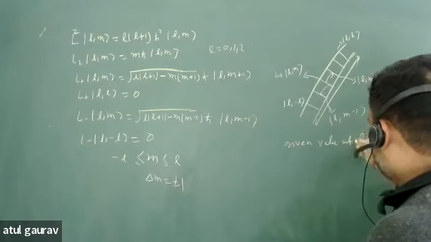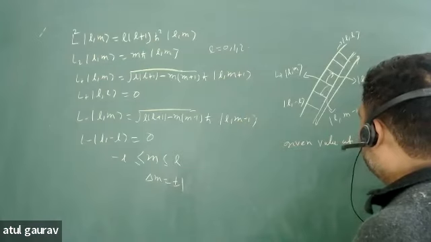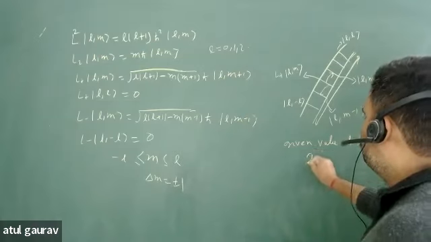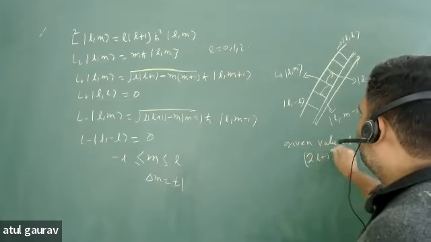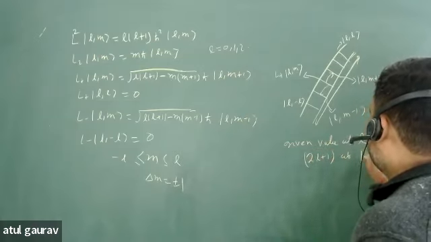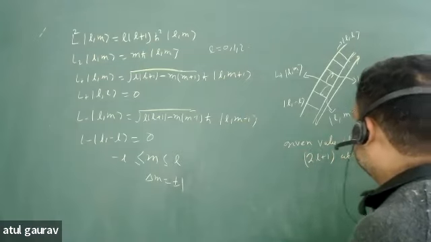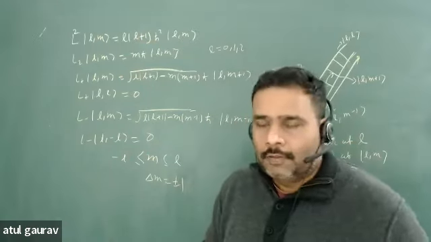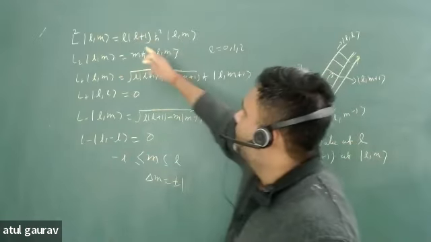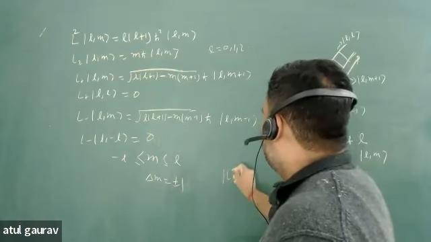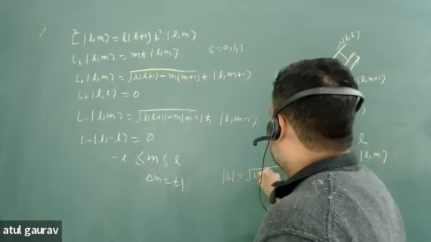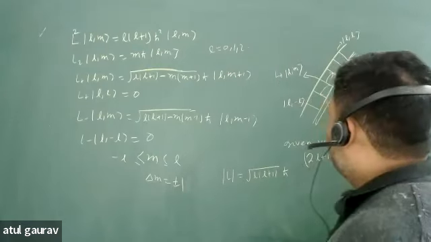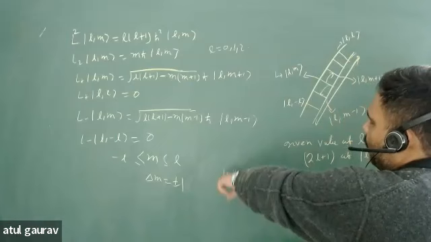So for the given value of L, how many m do we have? 2L plus 1 number of kets L and m. So we have one particular ket whose length is like this. If I am talking about mod L, this mod L is nothing but root of L into L plus 1, h cut.